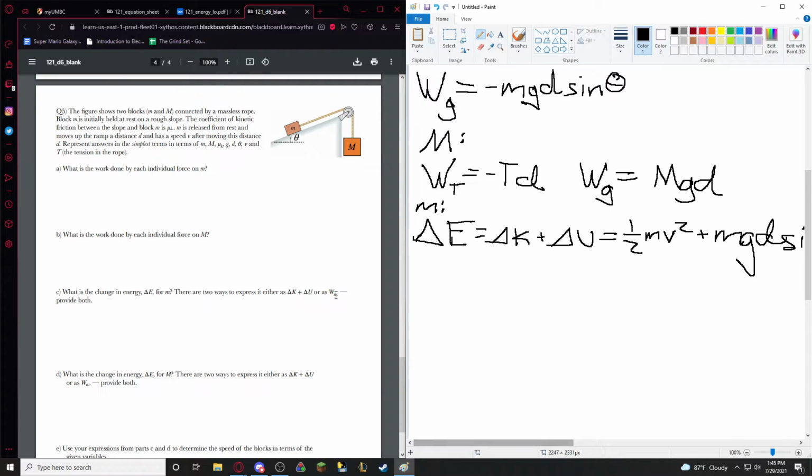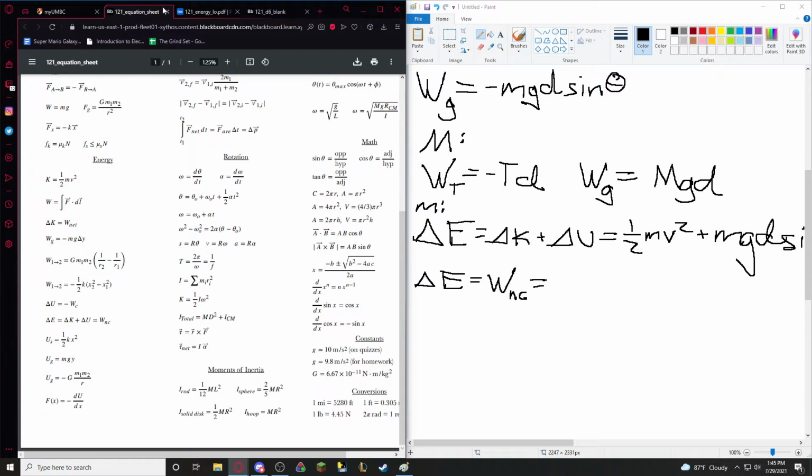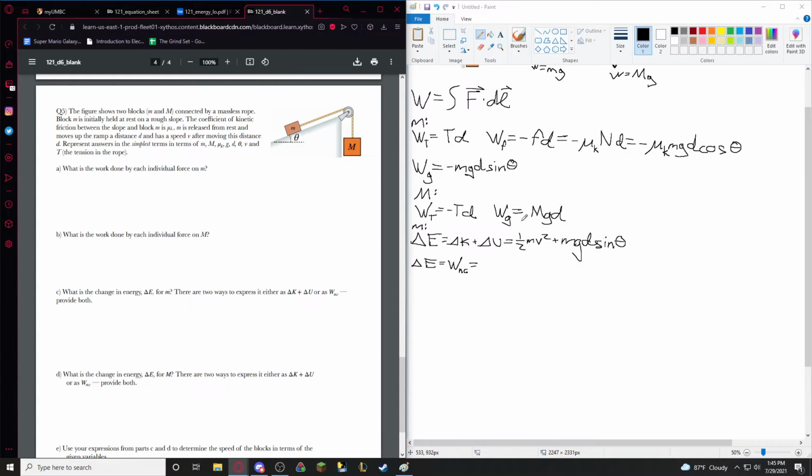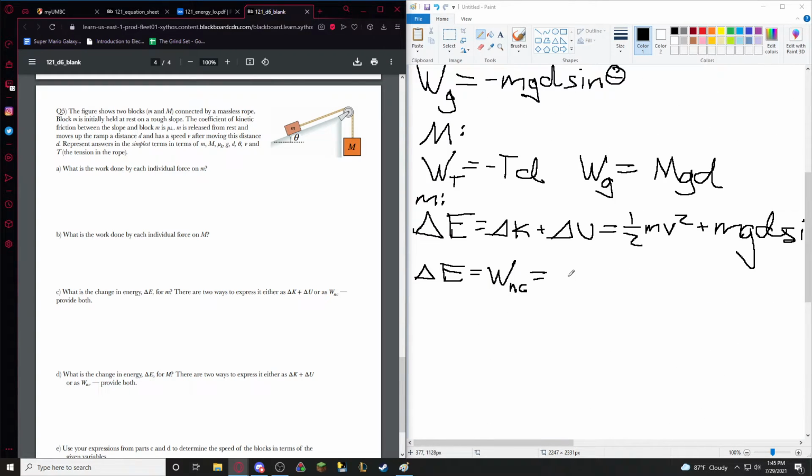Now, how do we get delta E in terms of the non-conservative work? Well, we would compare the two non-conservative forces, which would be in this case the tension and the friction force work. So we would just subtract them? Yeah, pretty much. Which one do we want to define as positive?